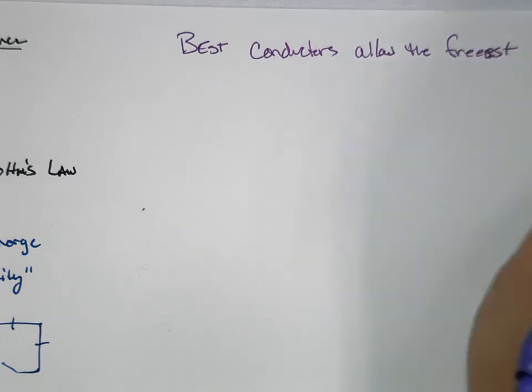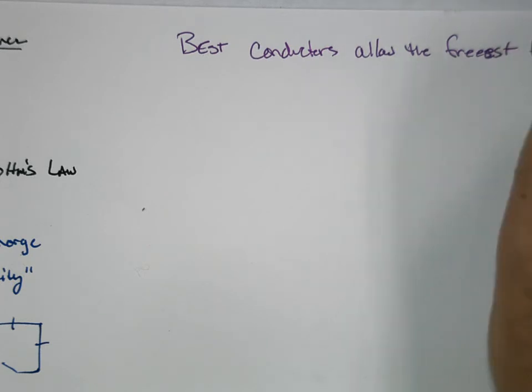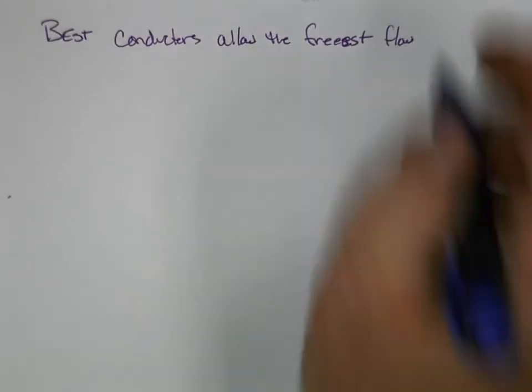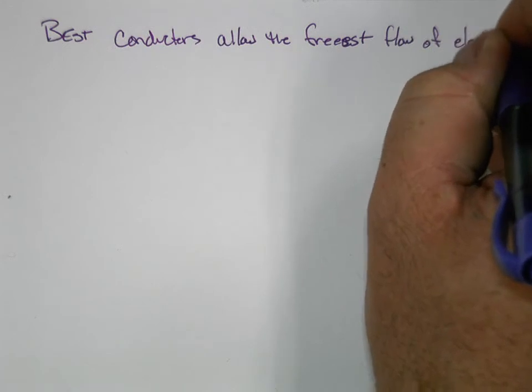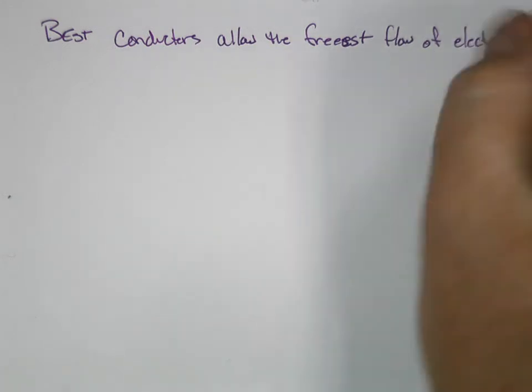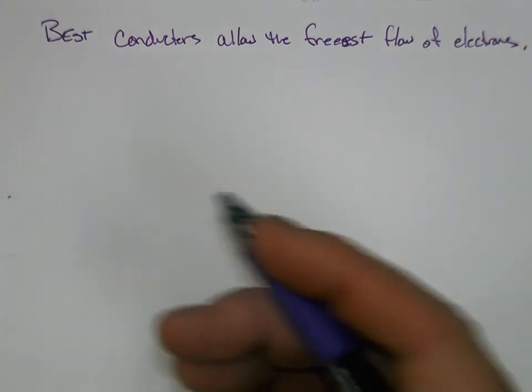I think there's three E's in that. Otherwise, it's freest, but we want the freest. The freest flow of electrons. Okay. Now, gold is an amazing conductor. It's a terrific conductor. It's also hella expensive.